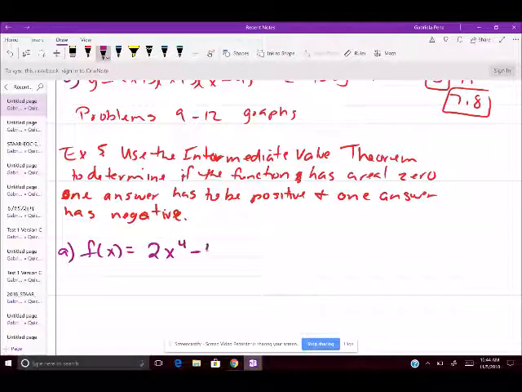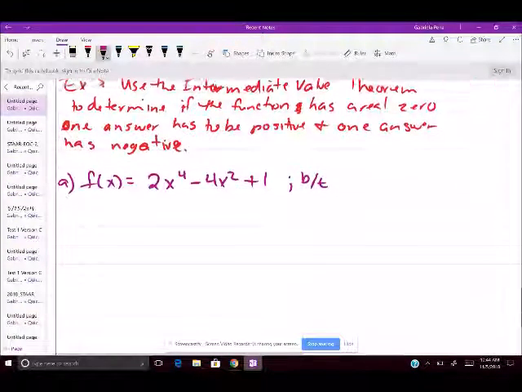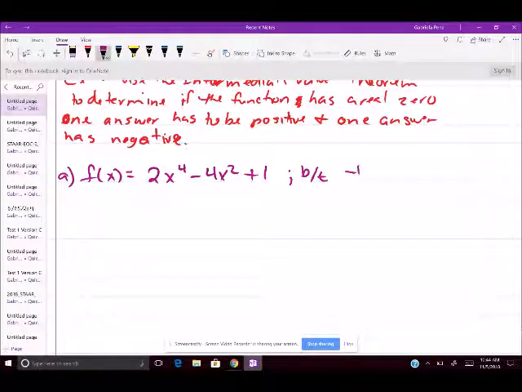2x to the 4th minus 4x squared plus 1. And they're going to tell you between, and that's what B/T stands for, between -1 and 0, can you tell me if there is a real 0? So all you have to do is replace every x with a -1, get an answer.